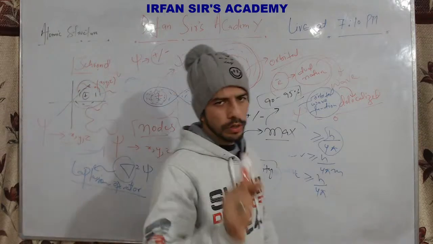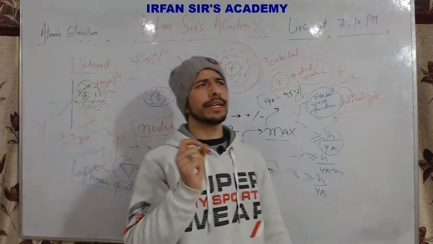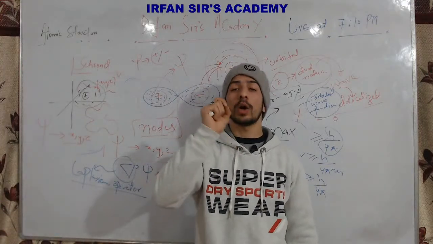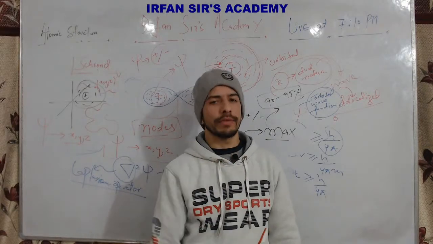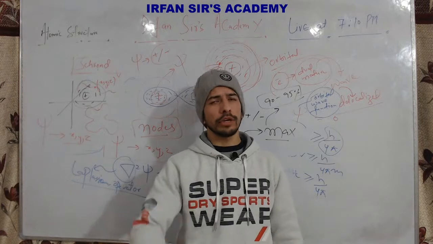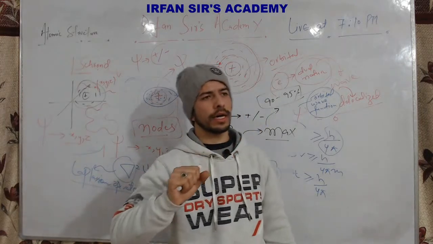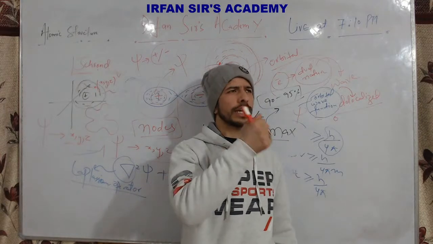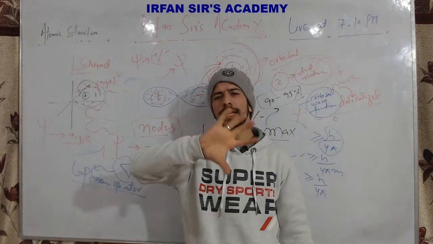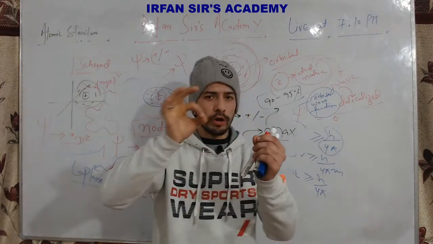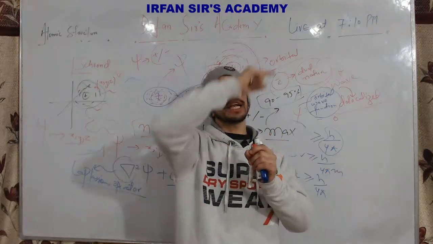What is a node? Like you study in class 11th, I think, oscillation and waves. You study standing waves, transverse standing waves, and yes, exactly, in organ pipes also. When a standing wave is forming, there are some points, medium particles, which vibrate at maximum amplitude.